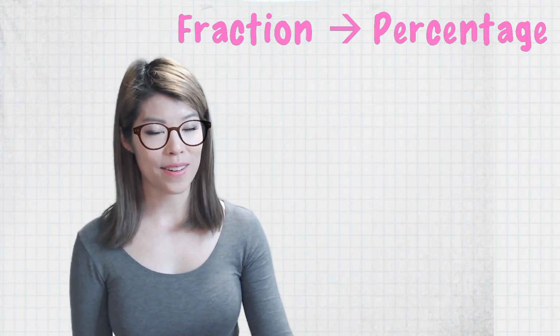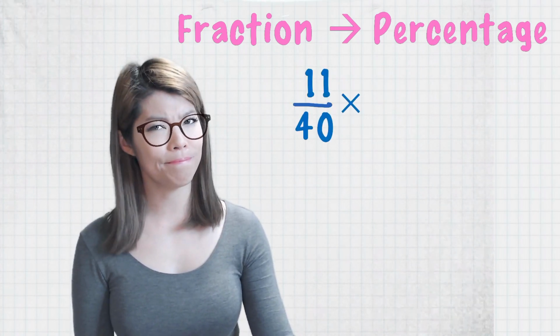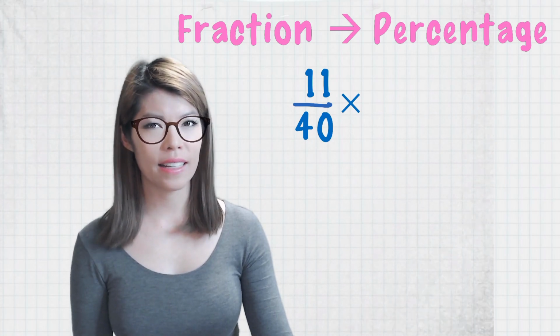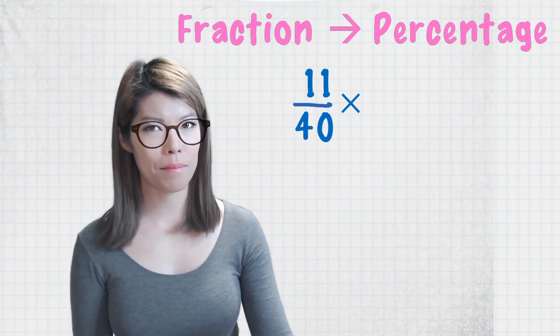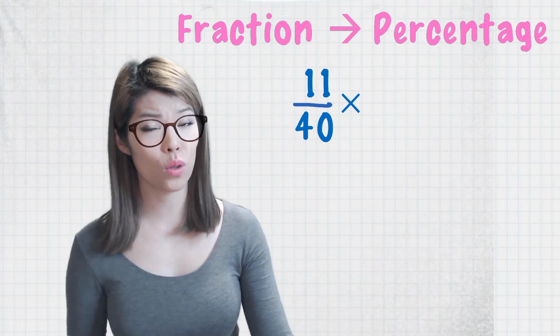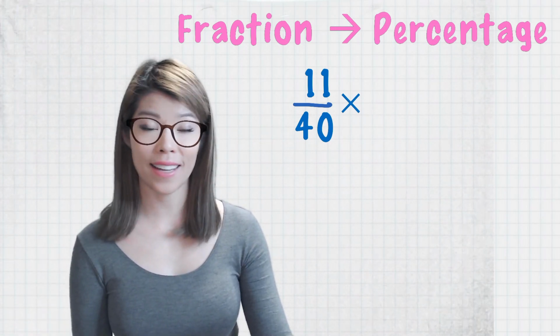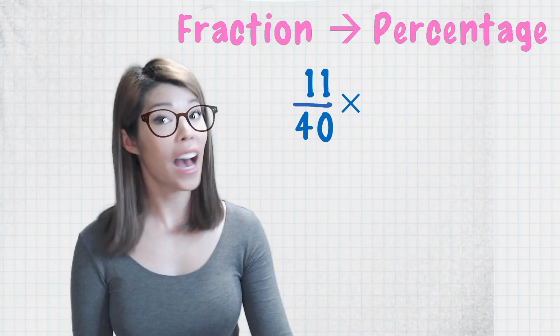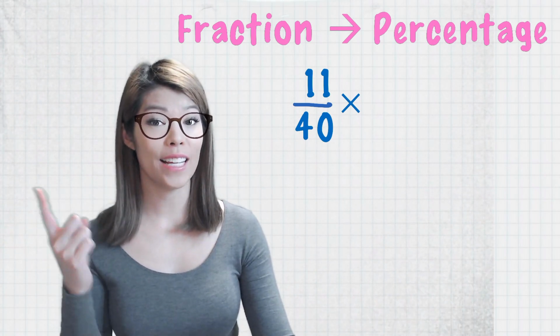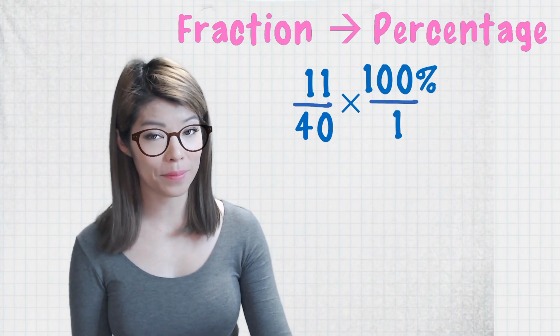Let's do another one, 11 over 40. This time the 40 doesn't multiply by any number easily to get to 100. So what are we going to do? Well, we can always multiply by 1 because it doesn't change our value. And 100% means 1, so we can multiply by 100%.